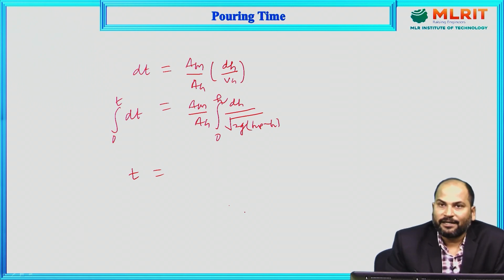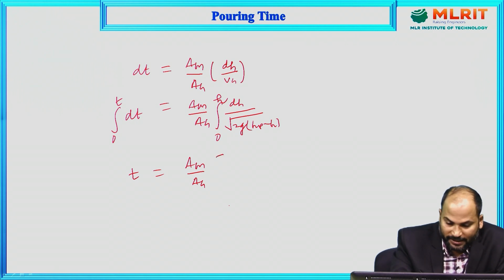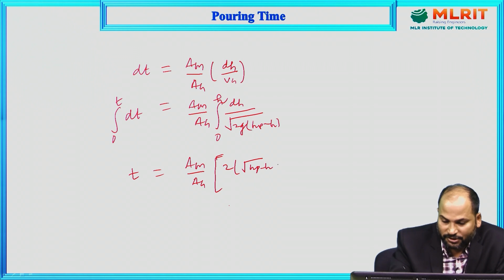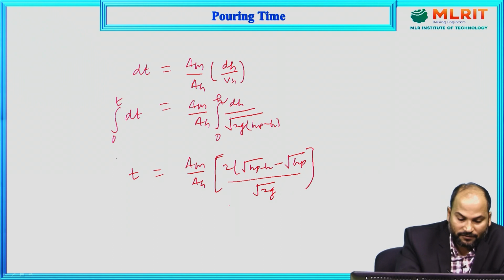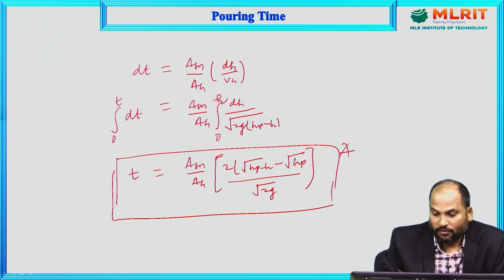I am just writing the final result, there is no problem in integrating. This is the final expression we will get in the case of bottom gating system.